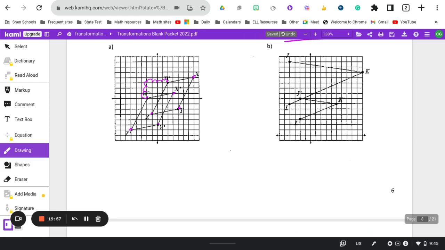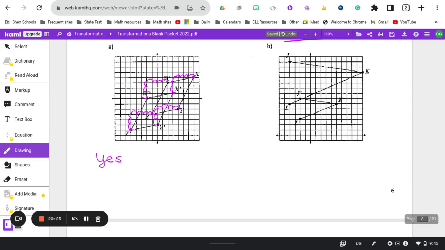From X to X prime, 1, 2, 3, 4, 1, 2, 3, and the same for Y to Y prime and Z to Z prime. I'm going 4 units to the left and 3 units down for each one of these. So that's how I know that it is a translation, because every point moved the same amount in the same direction.